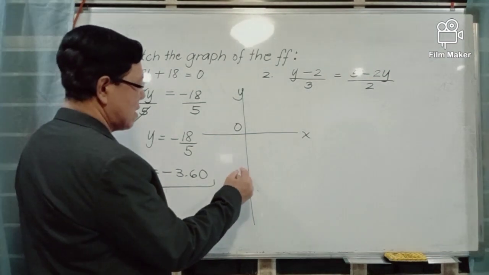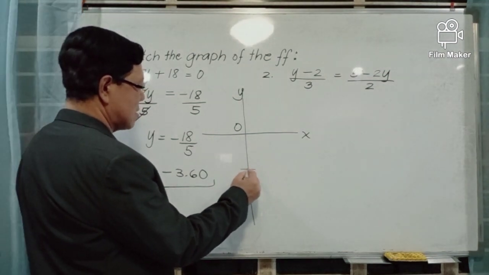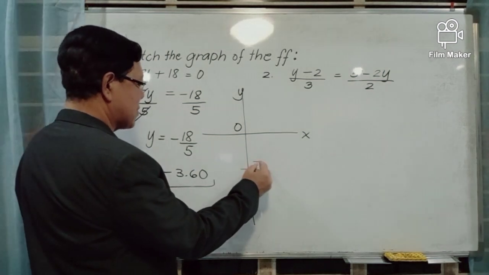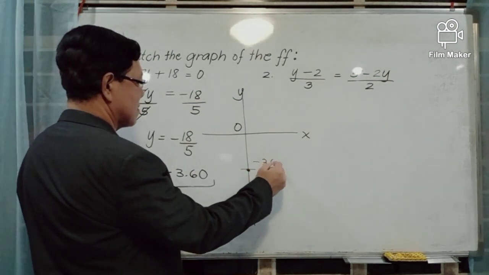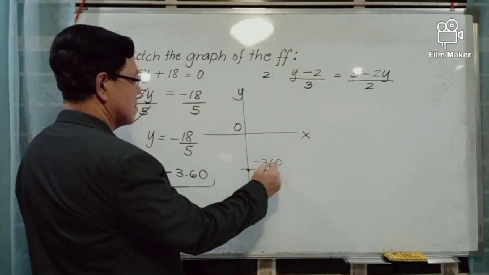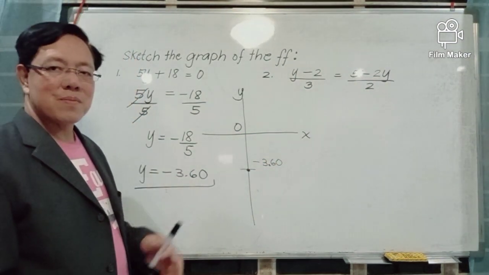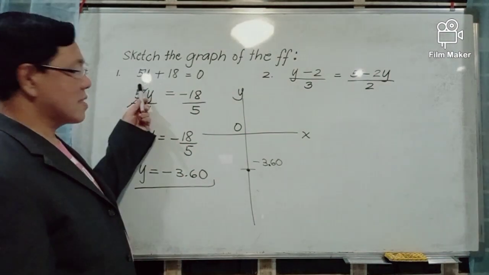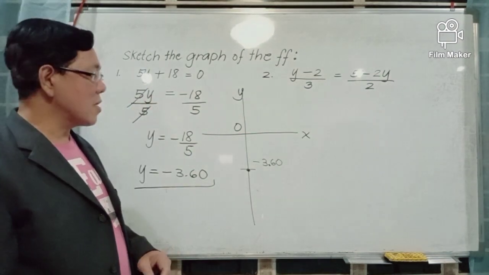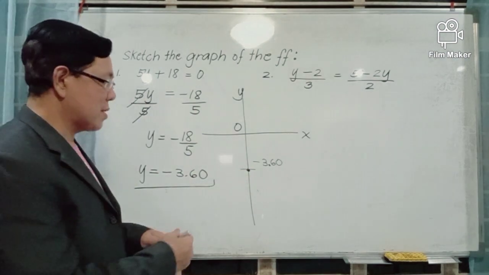I will take this as negative 3.60. Or you may write negative 18 over 5. And the graph of this linear equation in y is a horizontal line passing through this point.